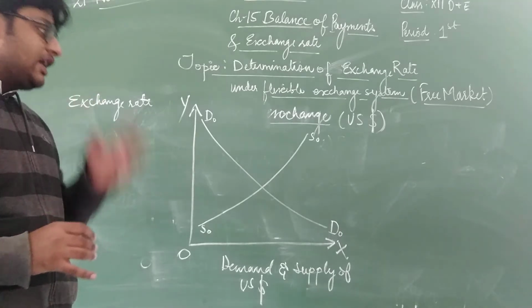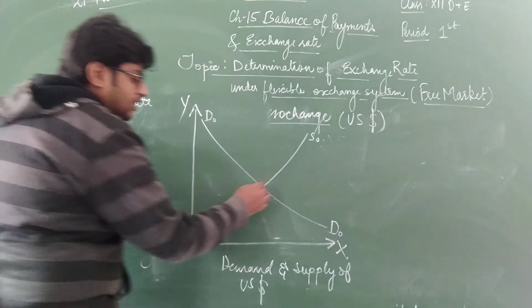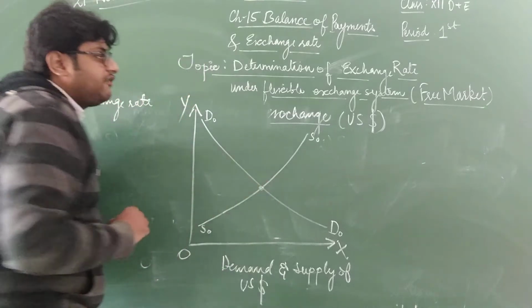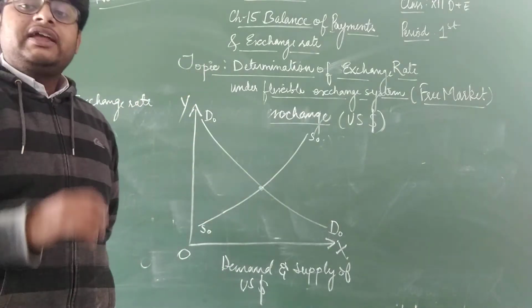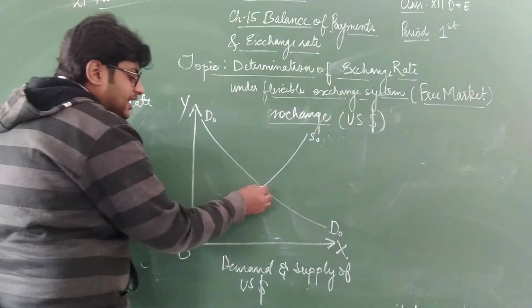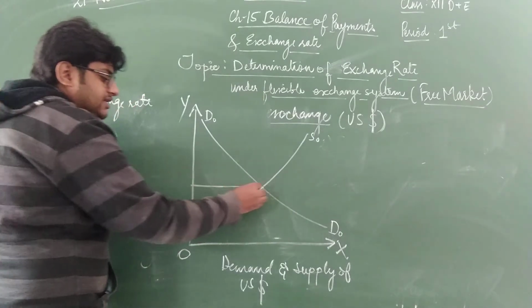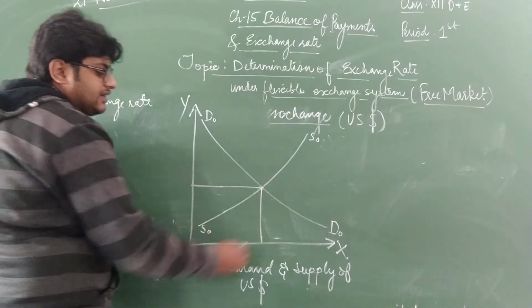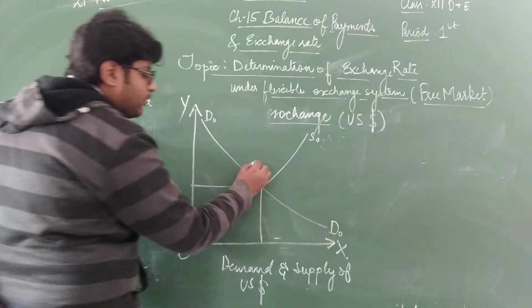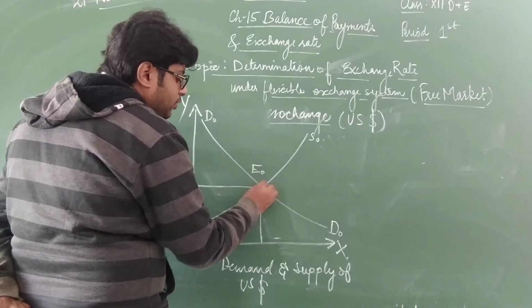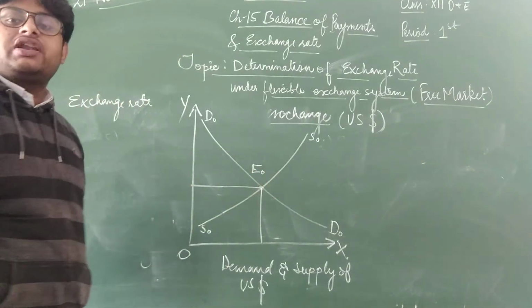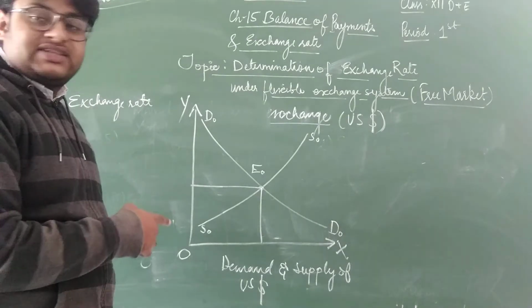And what will be the equilibrium situation? In the free market, under the flexible exchange rate system, we will get the equilibrium where the demand for US dollars and the supply of US dollars are equal. That means at point E0, where both demand and supply of US dollars intersect.